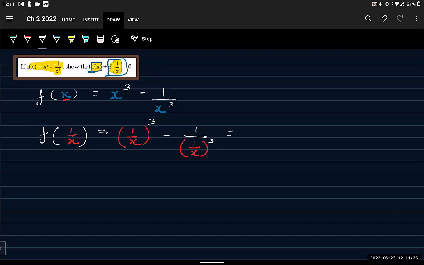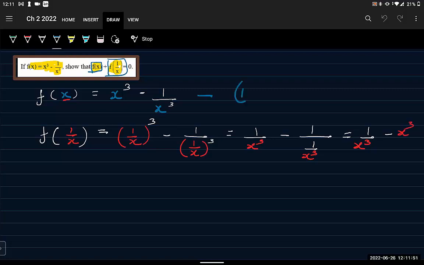So the first term would become 1 by x cube. The second term would become 1 upon 1 by x cube. The denominator of the denominator will become the numerator, and finally we can say this is nothing but 1 by x cube minus x cube.